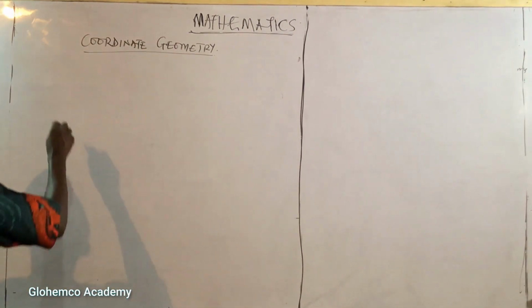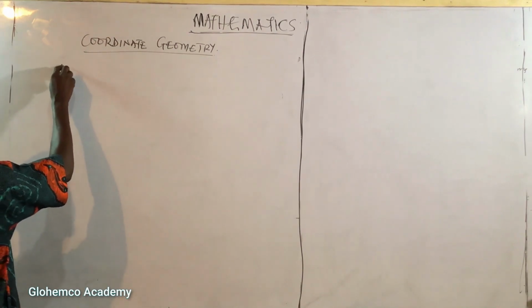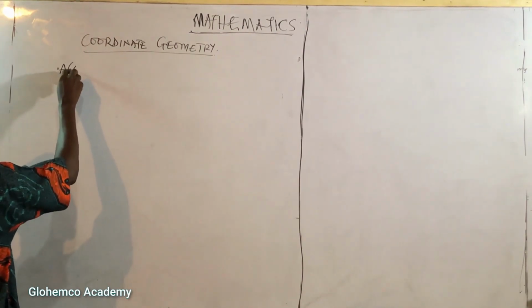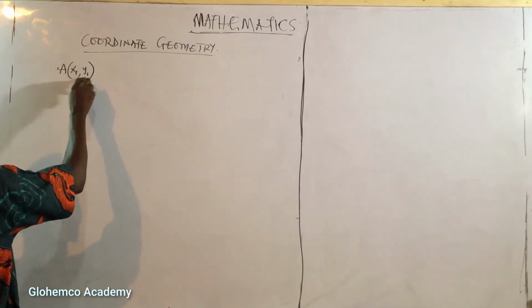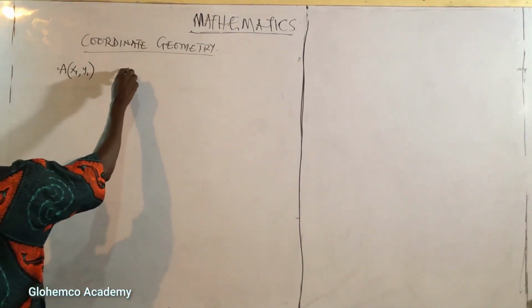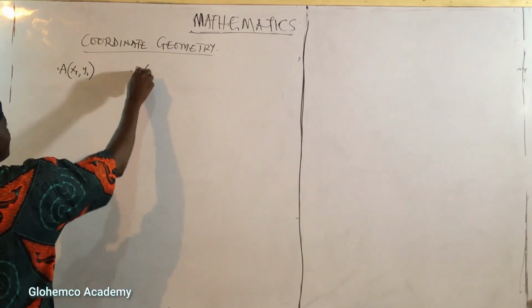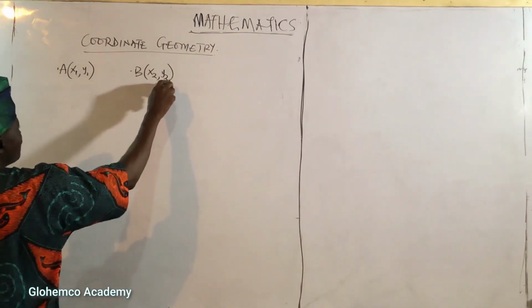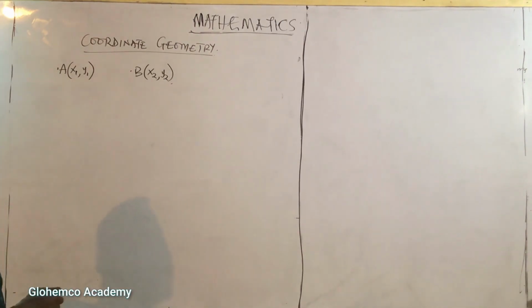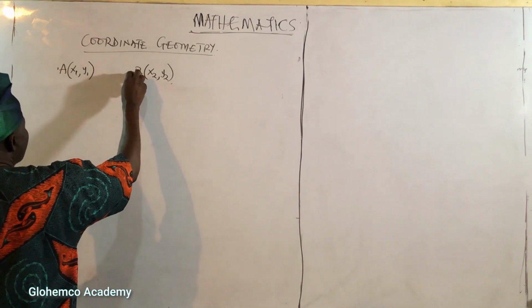Say, if we have point A of coordinate x1, y1, and point B of coordinate x2, y2.